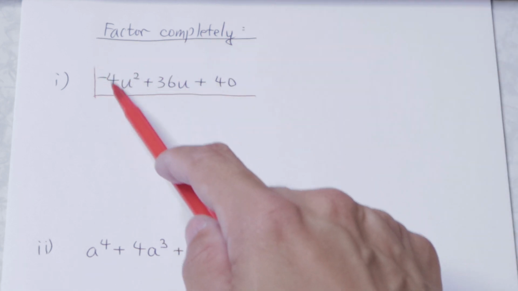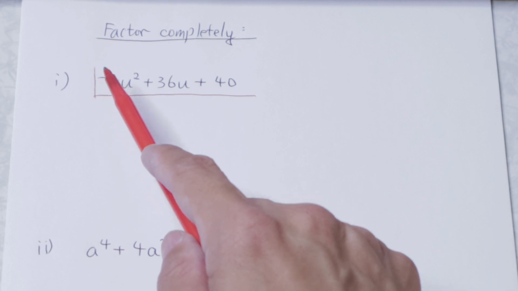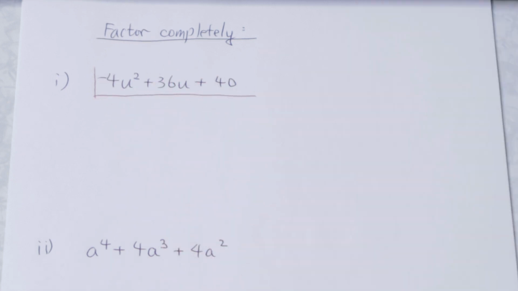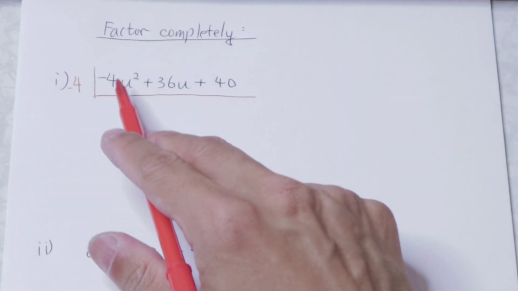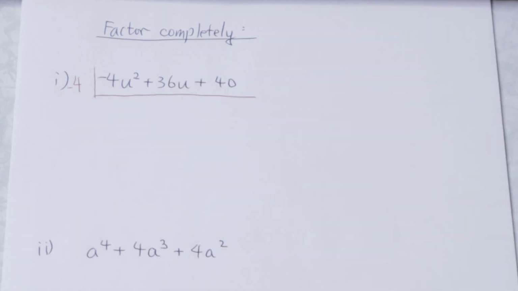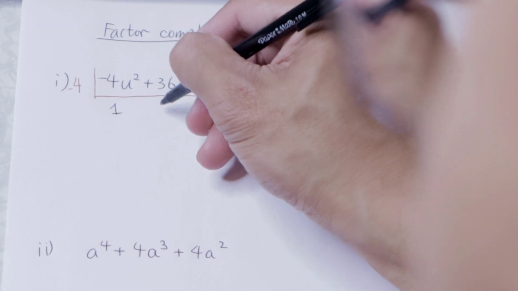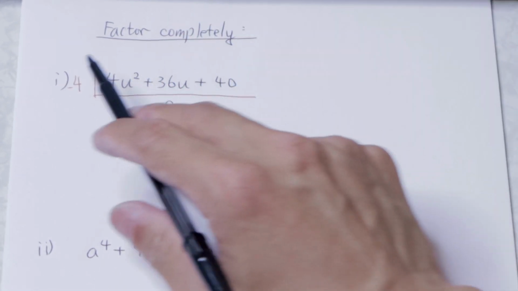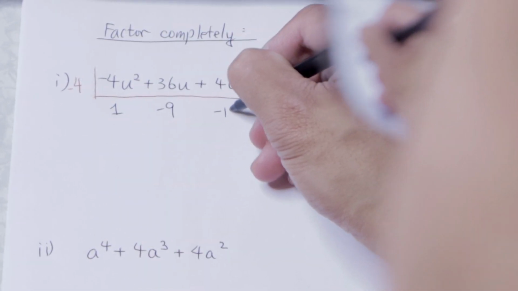So let's go back to the original problem. What is the GCF of 4, 36, and 40? It's going to be 4. So we're going to put 4, but with a negative. Because when you have negative 4 divided by negative 4, I get a positive 1. And 36 divided by negative 4, I get negative 9. And 40 divided by negative 4, I get negative 10.